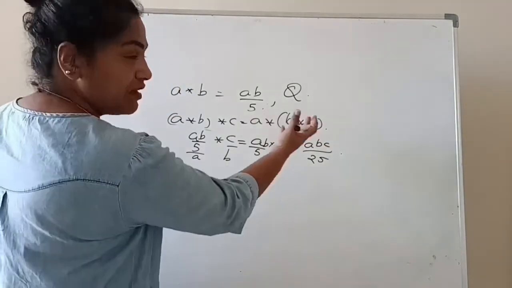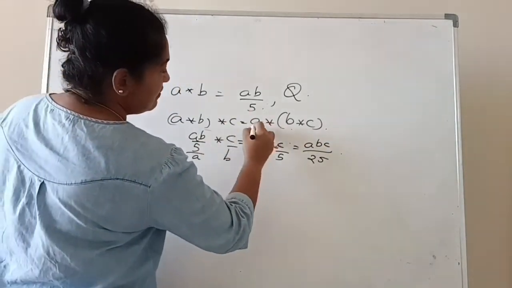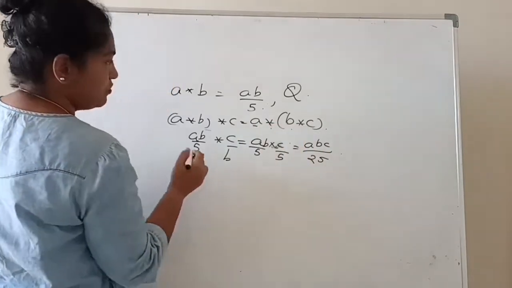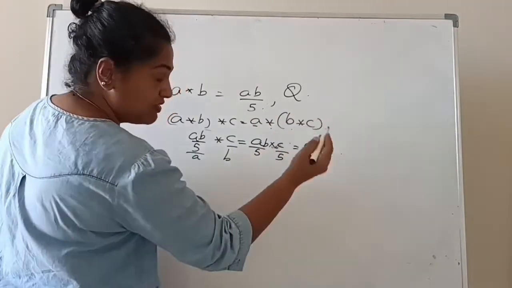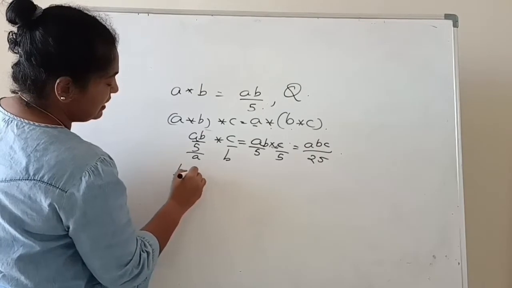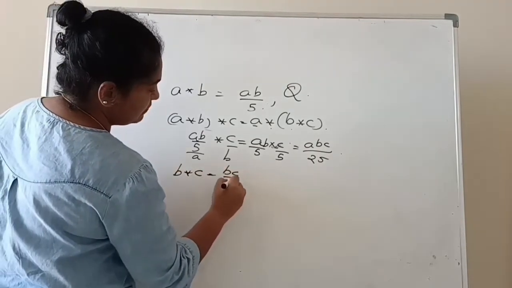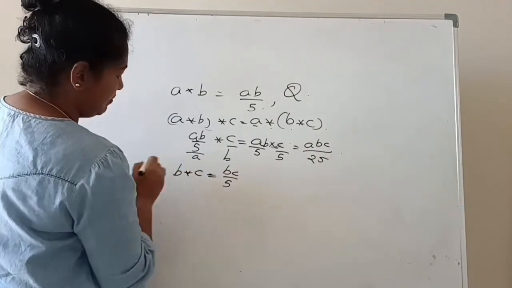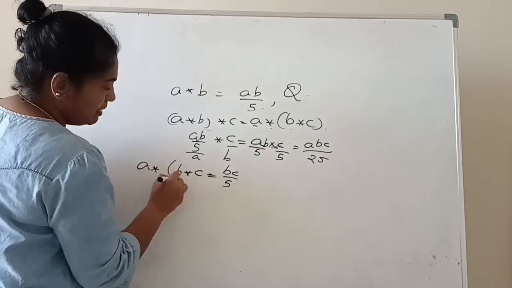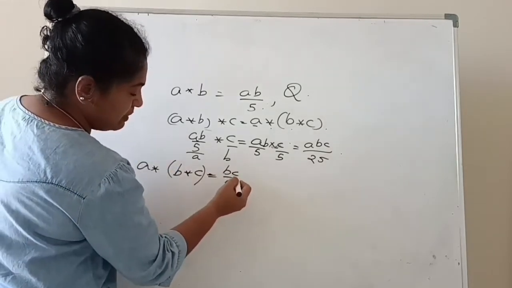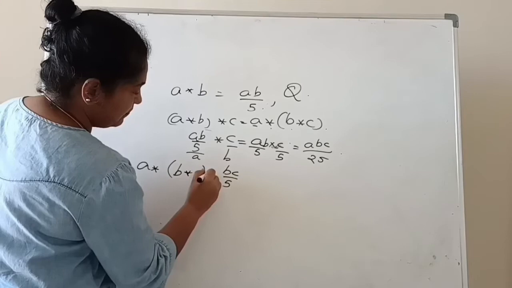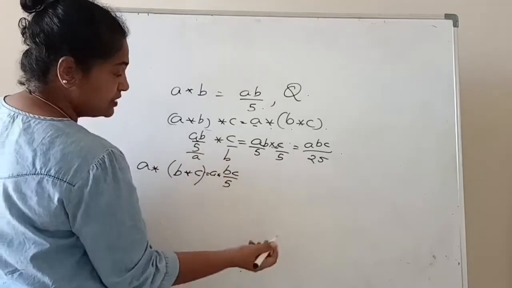Now let us see what is the RHS. RHS is A binary, B binary C. So for that, let me first find out what is B binary C. B binary C will give me BC by 5. So when I am doing A binary, B binary C, now this becomes my B and I have an A here. Right?